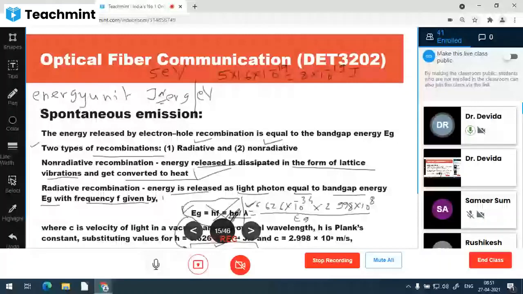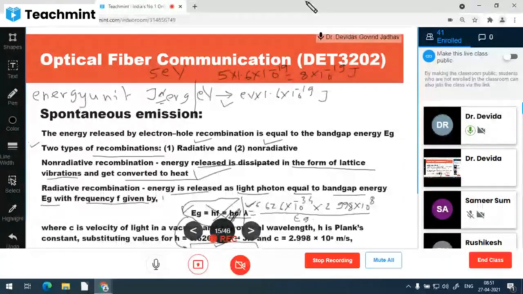Yes, it is possible. For that we have to make some rearrangement. We know electron volt can be converted into joule by multiplying EV by 1.6 into 10 raised to minus 19, and that is the amount of joule. So this is the conversion.